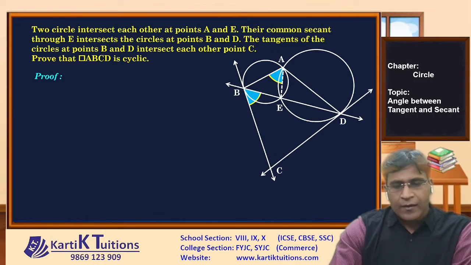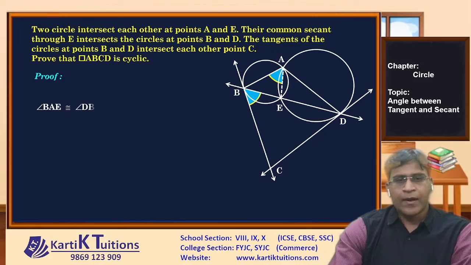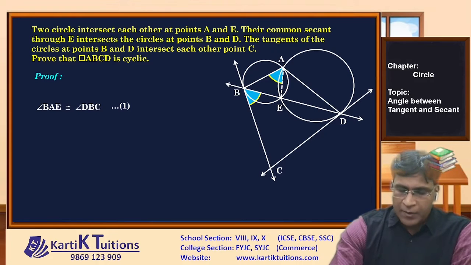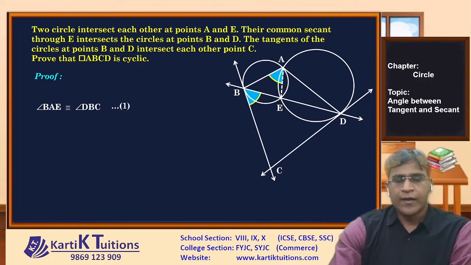So I can write angle EAB is congruent to angle DBC. Instead of writing EBC, I am writing angle DBC, because the points are collinear, so definitely I can write this. And the reason is angles in alternate segments, or state board students can write it as theorem of angle between tangent and secant.